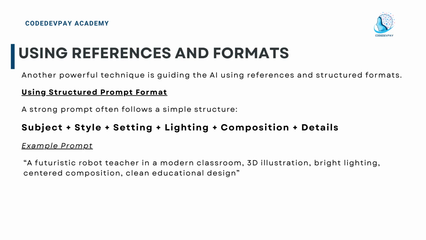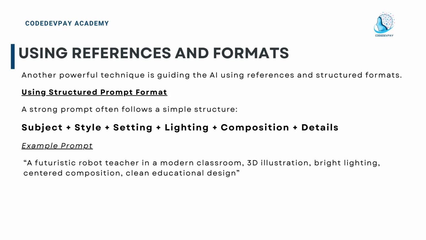You can see our subject is the robot teacher. The style is futuristic. The setting is the classroom. The style too is 3D illustration. The lighting is bright lighting, centered composition, and the detail here is the clean educational design.